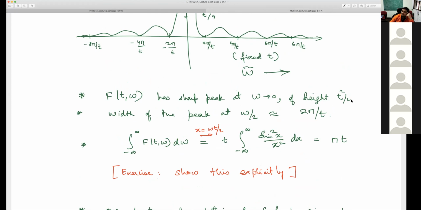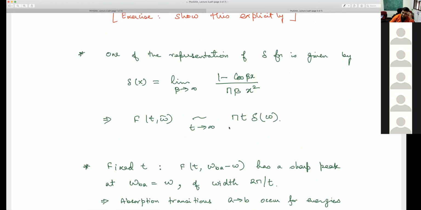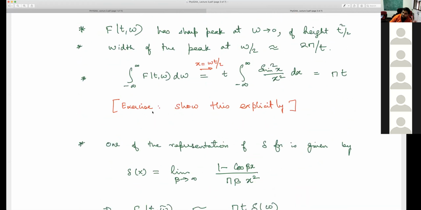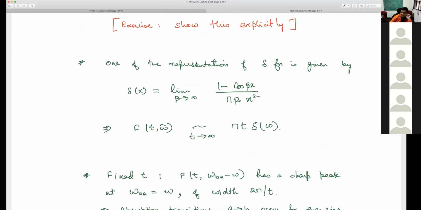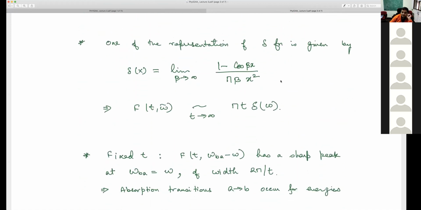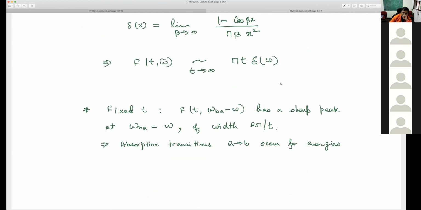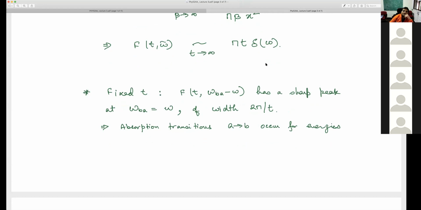So if I take the product, all I will be left with is pi t. So I get f_t in the limit of large t as pi t times the delta function, which looks consistent with this picture, and you can show it explicitly mathematically also. So these are the important points about this.